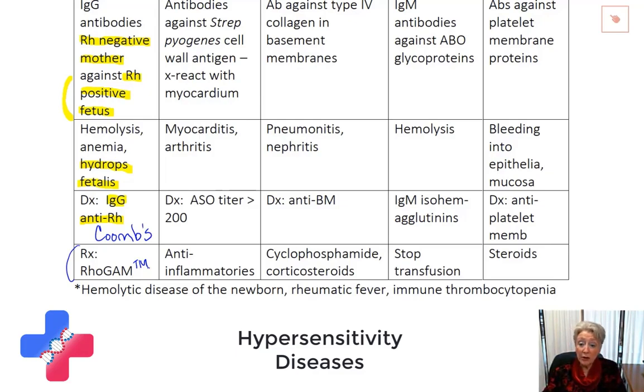We're giving the mother at the termination of any pregnancy what we don't want her to make. The idea being that if I can prevent her from becoming sensitized during exposure to those fetal red cells, then I can stop her from making an immune response of her own.